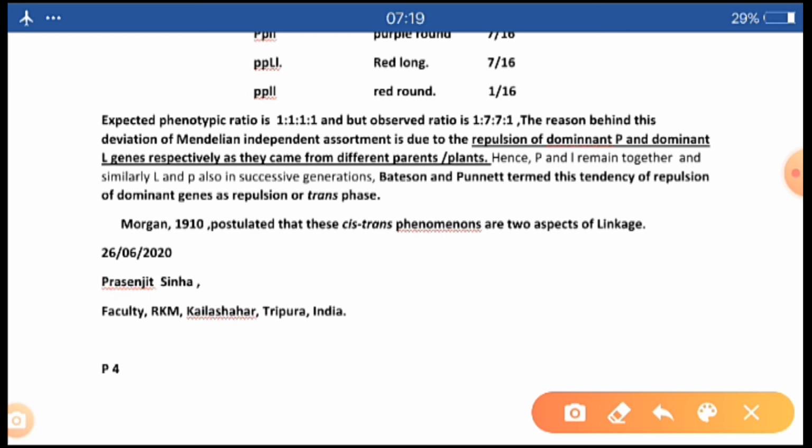So prior to the study of linkage, you have to know what is cis phase and what is trans phase. That is why today we studied these phases which were described by Bateson and Punnett in 1906, performing crosses with Lathyrus odoratus. Thank you.